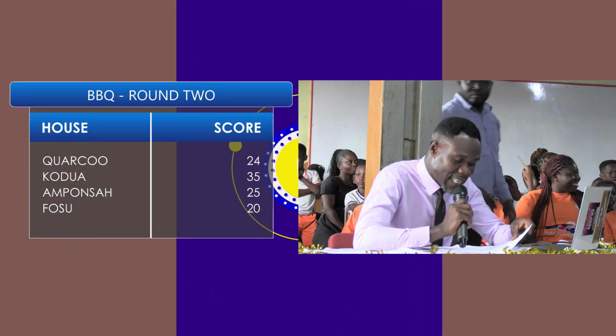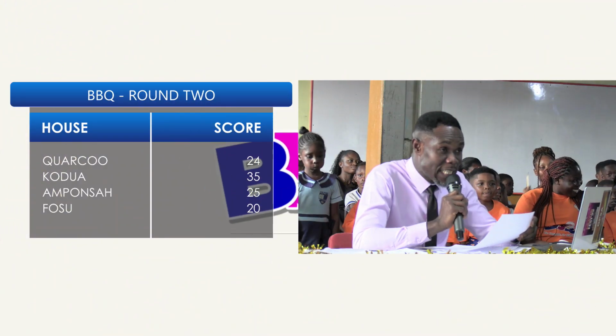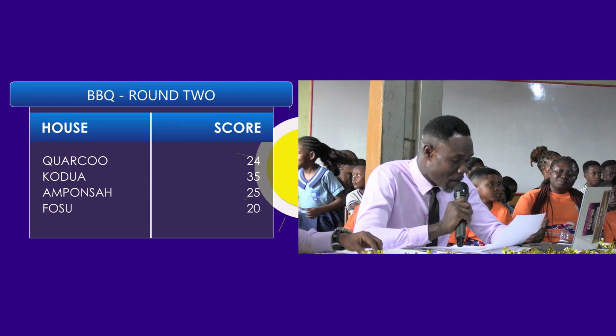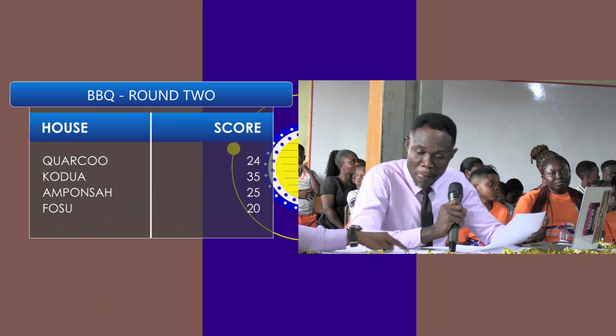And Ponce's house, the frequency table, you got it correct. B, you got it correct. Mango, that is 1 point. C, apple.